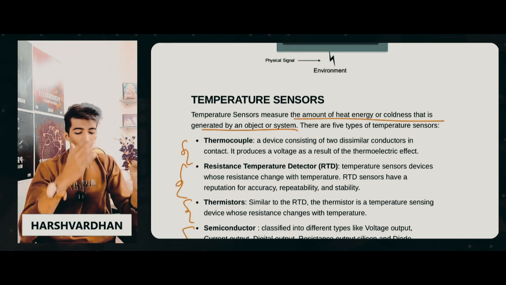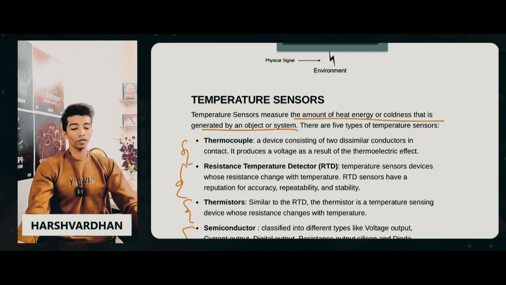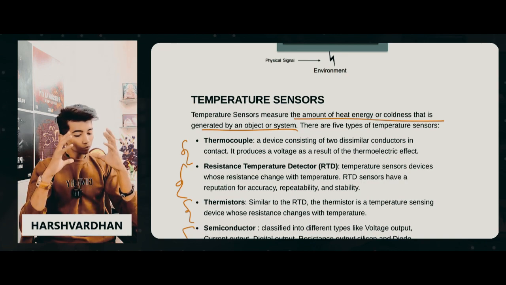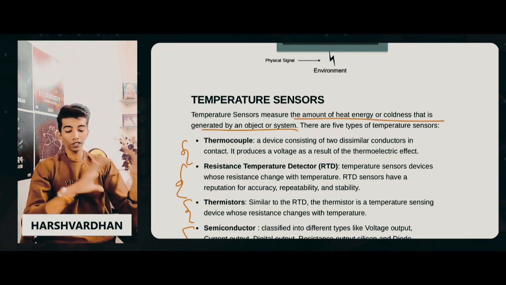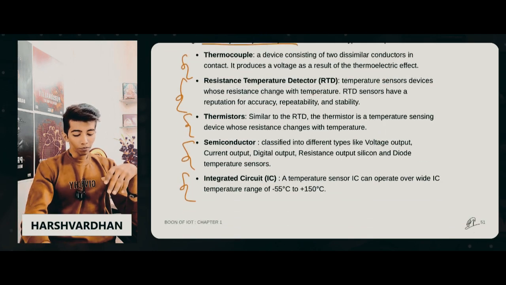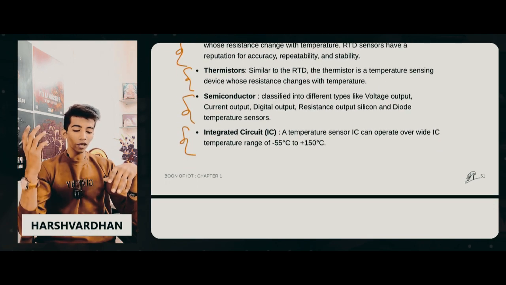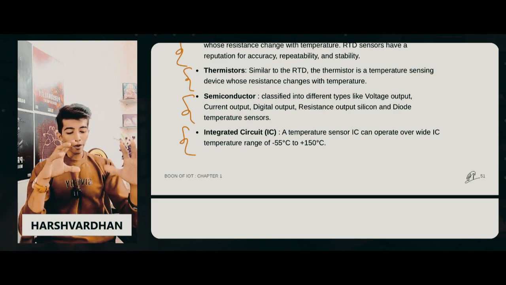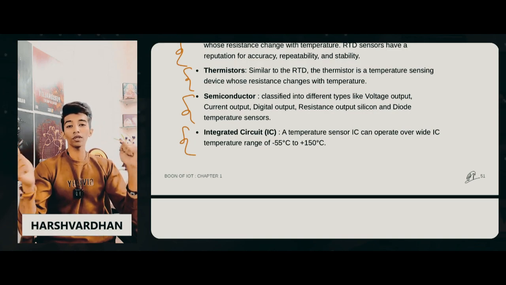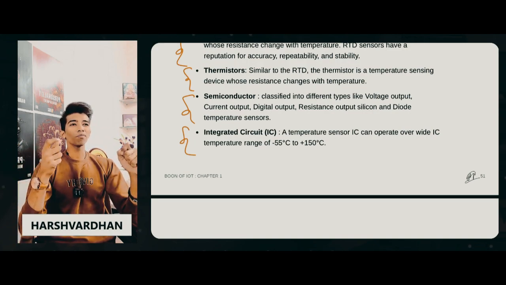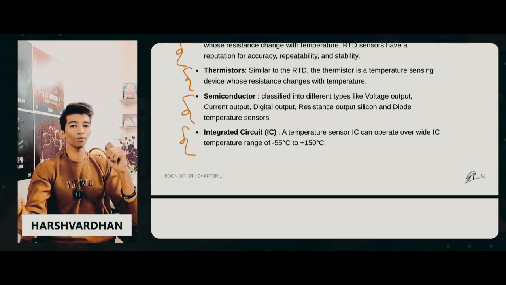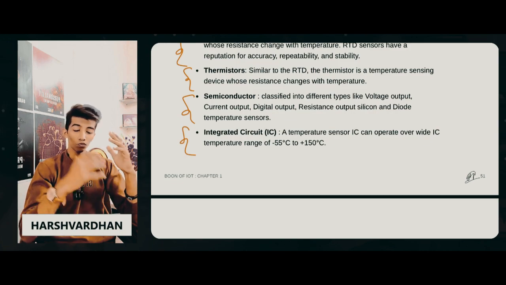There are many more sensors, like the temperature sensor, where we want to sense heat energy or coldness from the system or the physical thing. It involves thermocouples, resistance temperature detectors, thermistors, and it requires a semiconductor and also an integrated circuit which can operate over adverse temperature conditions. This is very important, because many sensor devices or smartwatches used by mountaineers or climbers are very advanced compared to the ones we are using right now.